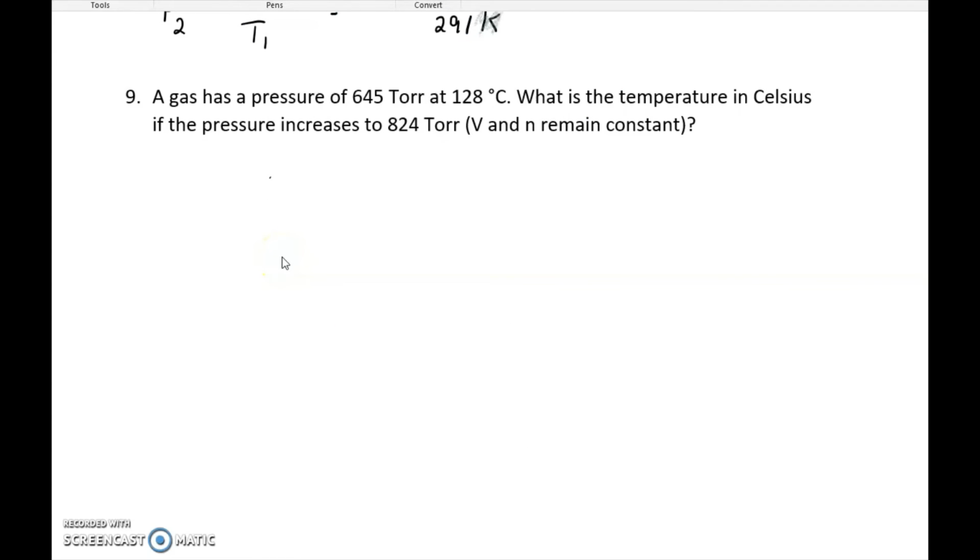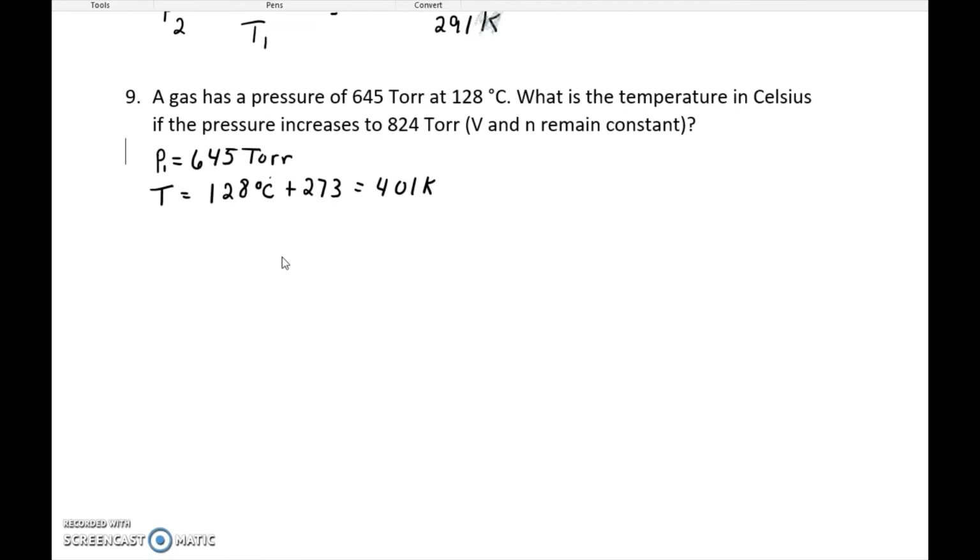Okay, so let's analyze this problem. First, they're giving us a pressure, and the pressure is 645 torr. And they're giving us a temperature, and the temperature is 128 degrees Celsius. I'm going to immediately change that into Kelvin, because I know I'm going to need it to be in Kelvin.